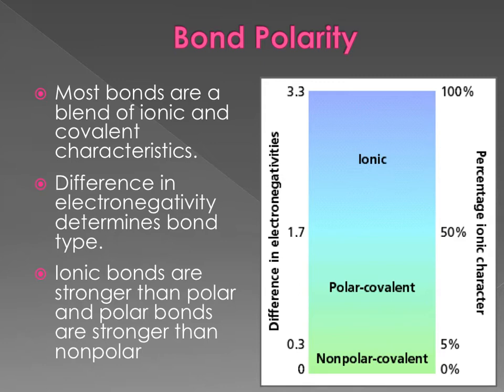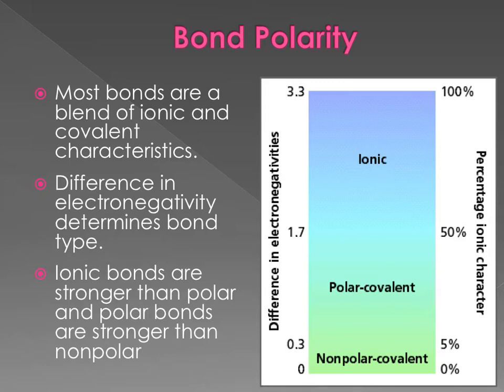The difference in electronegativity will determine if the bond between two adjacent atoms is going to be ionic or covalent, or possibly a third type, metallic, but we're not really going to be talking about that in this example. Ionic bonds are stronger than polar bonds, and polar bonds are stronger than nonpolar. Ionic is stronger than covalent, but covalent is also stronger than those polar bonds.